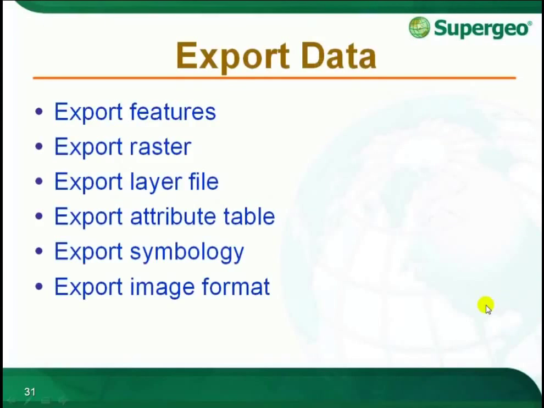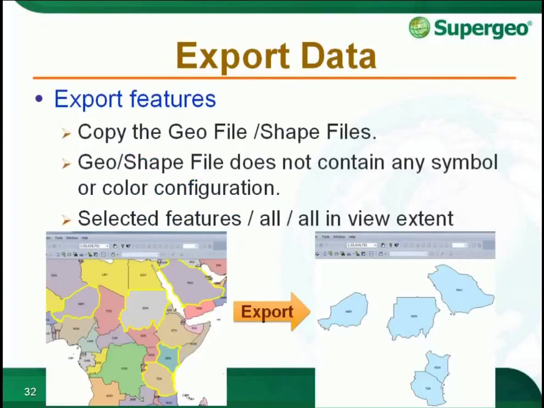Export data. You can export features, raster images, layer files, and even symbology from SuperJIS Desktop. Spatial data consists of geographic location and an attribute table. Therefore, if you need to copy the vector data, use Export Features to make sure that you get both geographic information and attribute data.